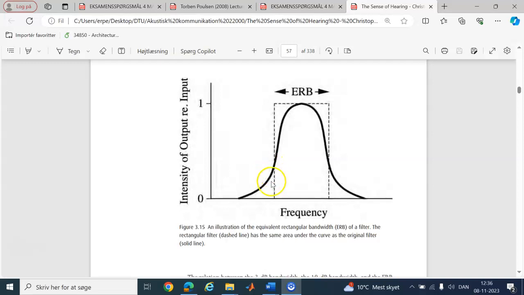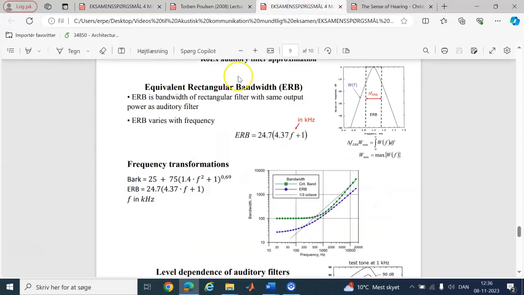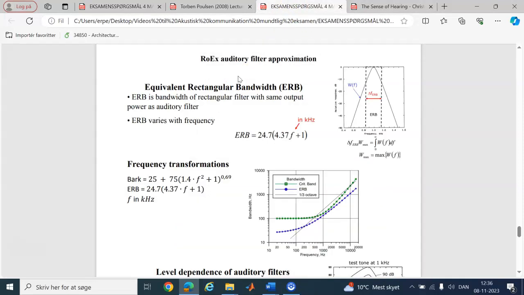This area of the ERB here, the ERB is the frequency bandwidth. This rectangle has almost the same area as the original auditory filter. And it depends on the frequencies.